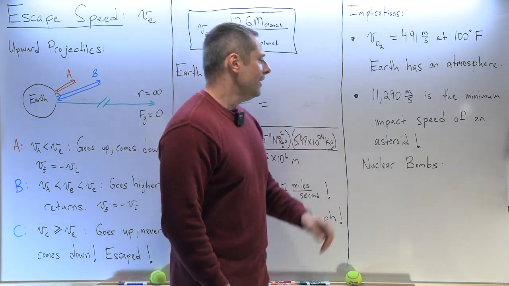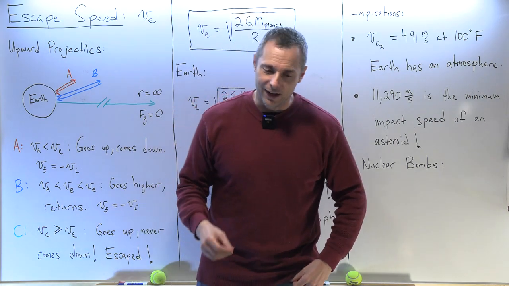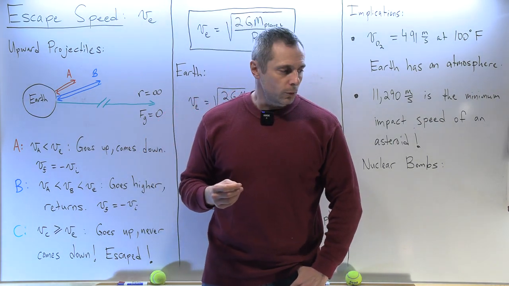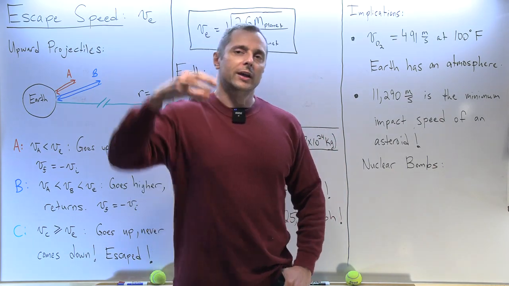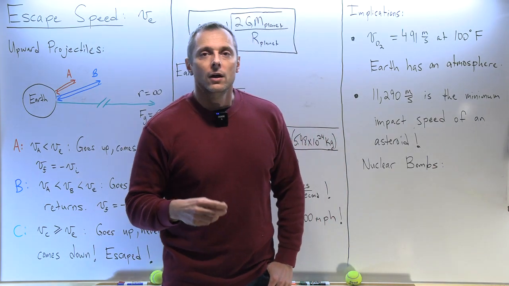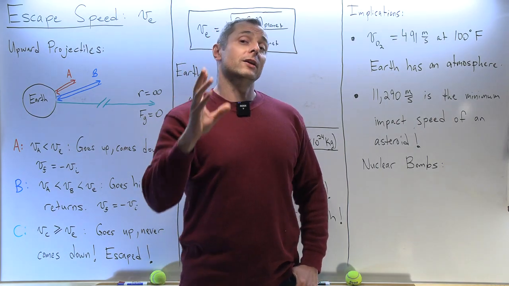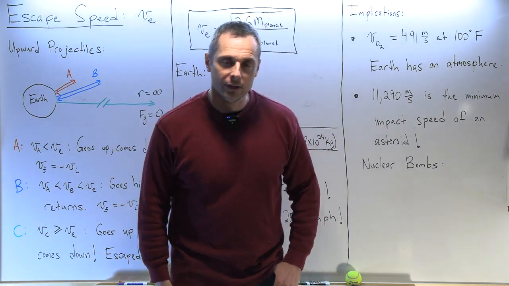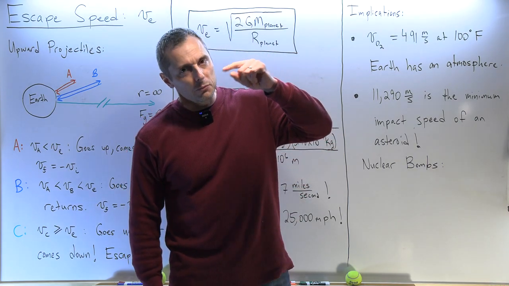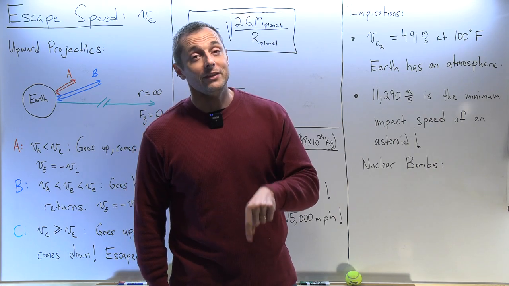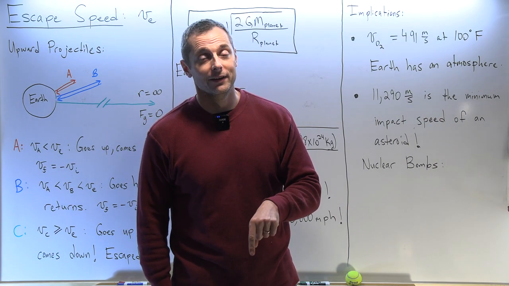The other thing, which I find fascinating and scary, by the way, is that when I launched something up at 10 meters a second, it comes back at 10 meters a second. Well, if I launch something at 11,291 meters per second to get it all the way into deep outer space, that means that if it comes from deep outer space and hits, it'll hit with 11,291.